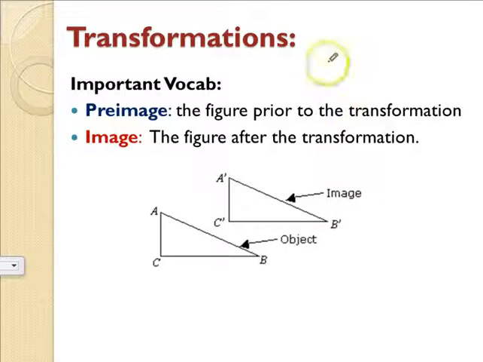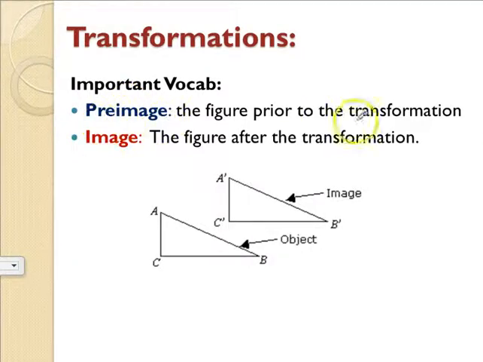Alrighty, so some important vocab you're going to see this week, and some notation that I really want you to watch out for as you're learning about those transformations, is pre-image and image. In all of those types of transformations, there's some type of movement. Either it's rotational, you're just taking an object and sliding it, you're reflecting it, that mirror image, or you're making it bigger or smaller. So you're always going to start with a before image, before the transformation has taken place.